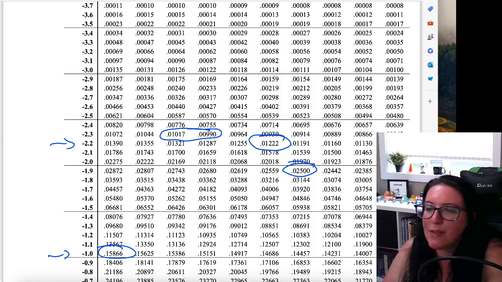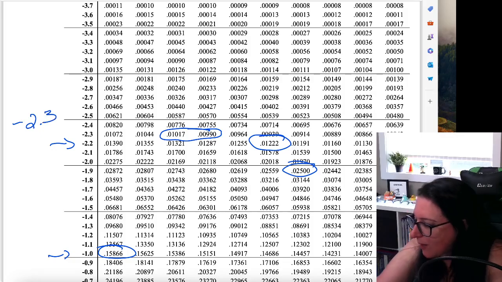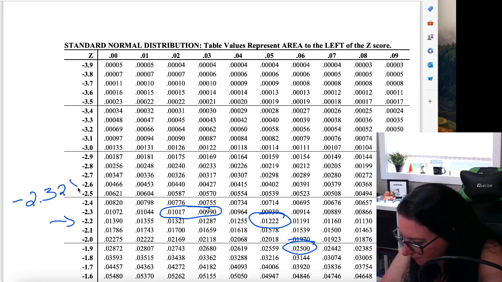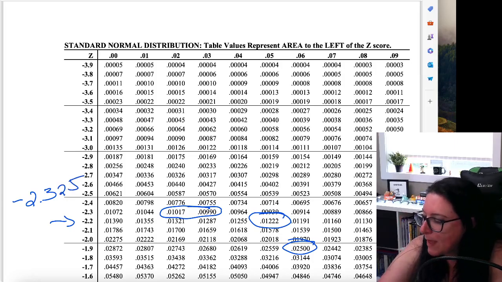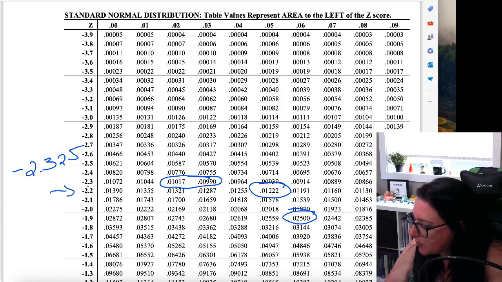So when you have it like this, that's halfway kind of in between, one thing you can do is go halfway in between. We can call this negative 2.325.